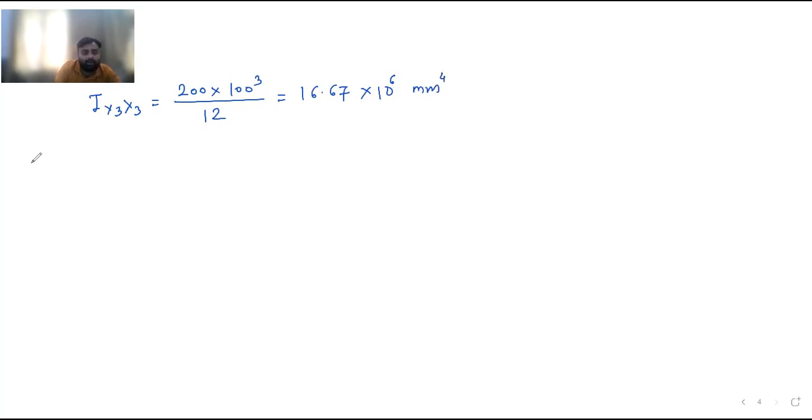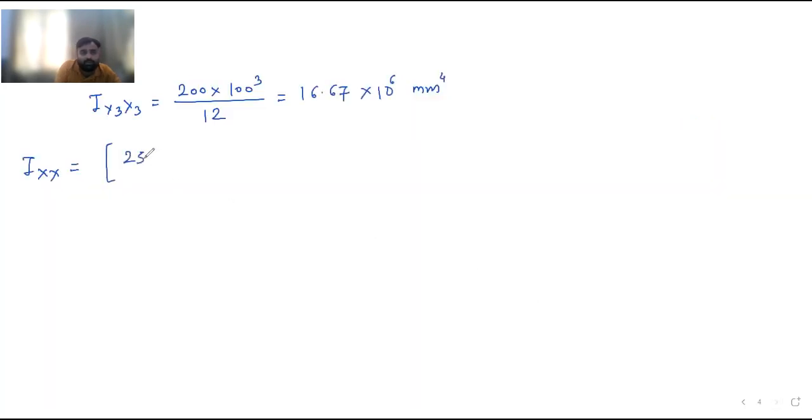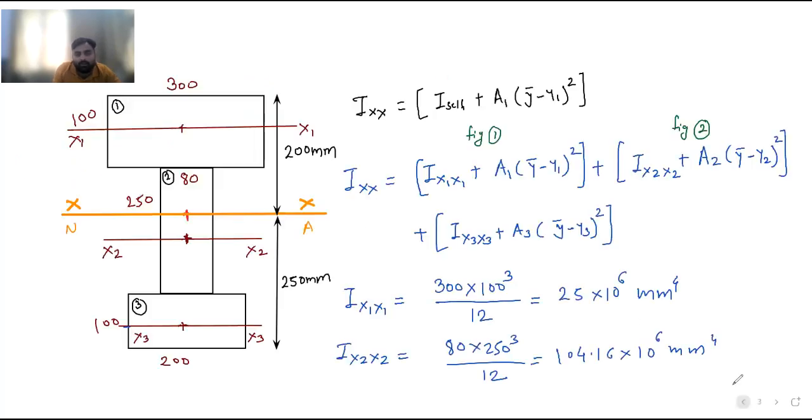Now calculate capital Ixx, which is equal to Ix1x1. What is the value of Ix1x1? 25 into 10 raised to 6, plus A1 into (y bar minus y1) square.